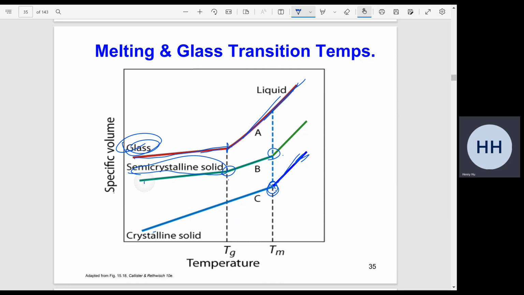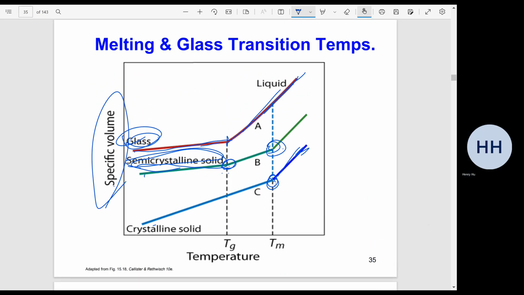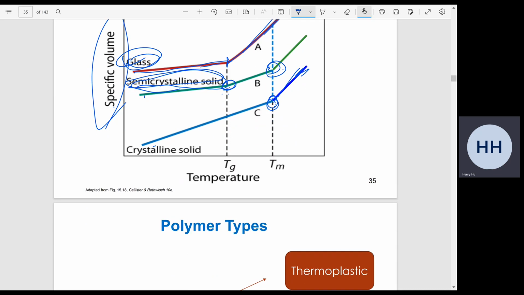So for semi-crystalline polymer, which contains a certain amount of crystalline polymer and a certain amount of amorphous polymer, you have two transition temperatures. Once you go through each one of those, the specific volume will change quite a lot, especially when you go through the melting temperature. The specific volume will increase quite significantly.